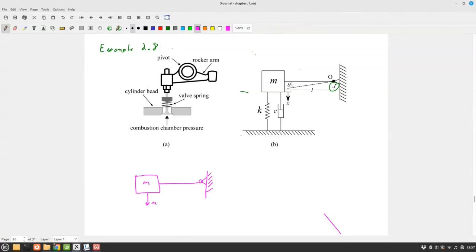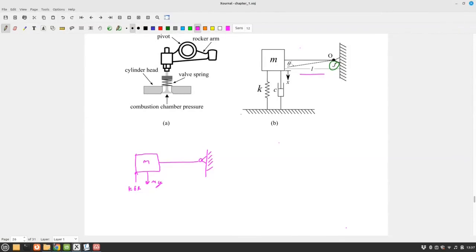I've got mass and gravity acting down, and now I have some forces acting up. I have a force that's acting up, which is the stiffness of my spring, K, times how much it deflects, delta times L, where L here is the length of my shaft.